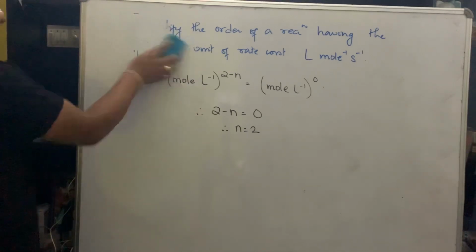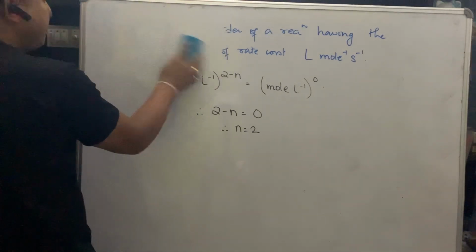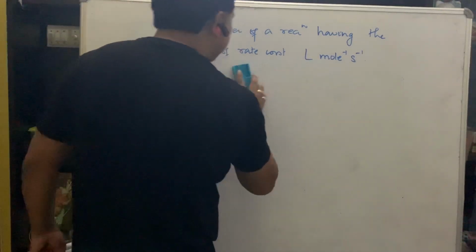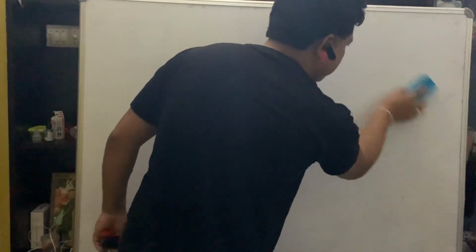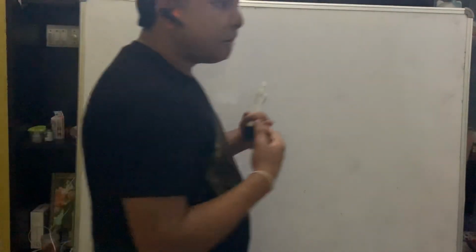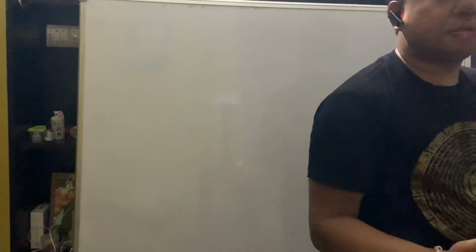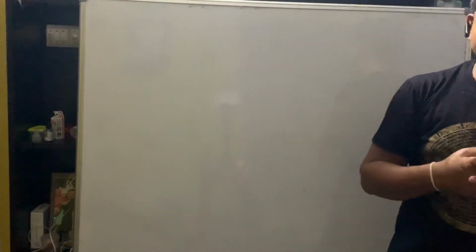So today we have learned how to calculate the unit of K for an nth order reaction, and if we remember the general expression, then we are in a position to calculate the unit of K for any order reaction. Now we know the reactions which involve liquids and solids are expressed in concentration.